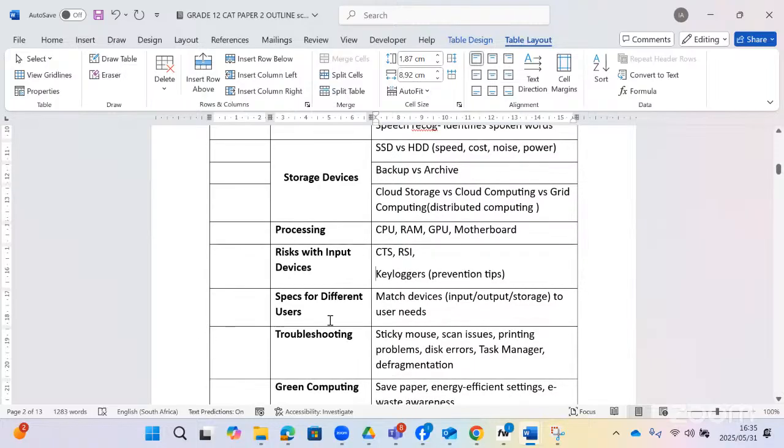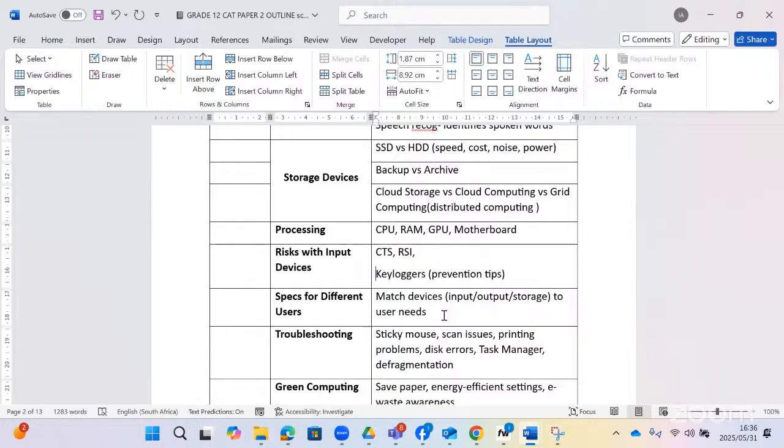Then you must know the specification for different users, matching them input, output, storage, and others. So you must know, like for instance, SOHO, what are the specifications, the input devices for SOHO, what are the output devices for SOHO, and what are the storage devices for SOHO. Now you need to know this.